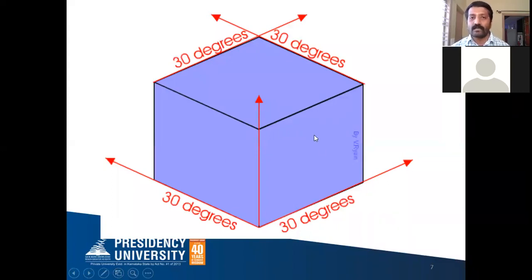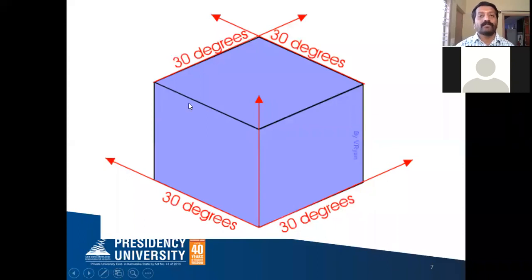Once again, on this vertical projector line, without changing the isometric length that you have taken, you cut from this point, you cut from this point, and from this point. 3 more points you will be getting. You join them with the lines.